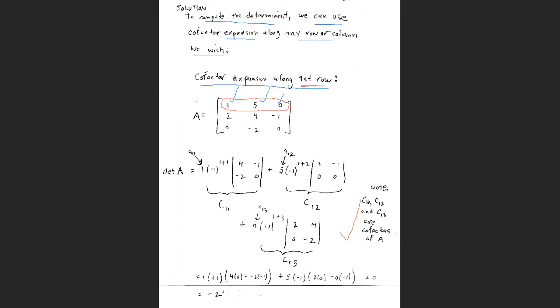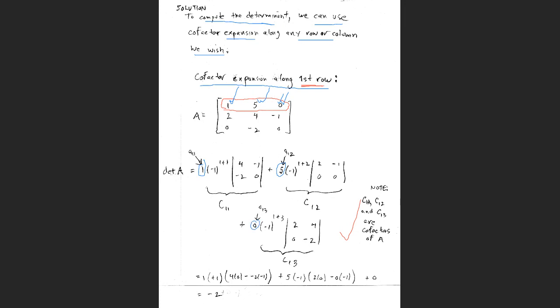So for instance, the number 1 is A11. The number 5 here is A12. That's the number in the first row, second column. The 0 here is in the first row, third column.